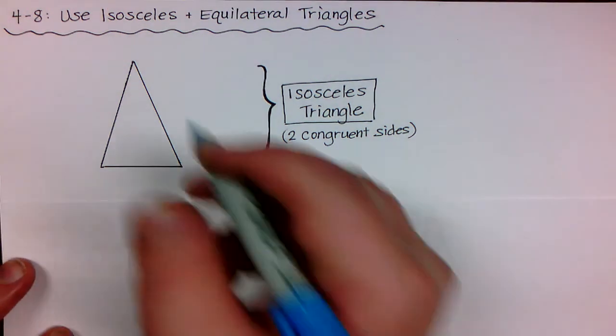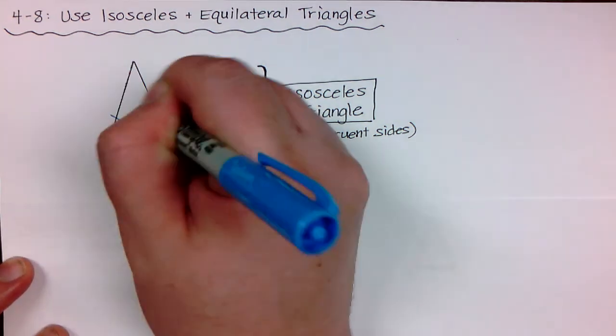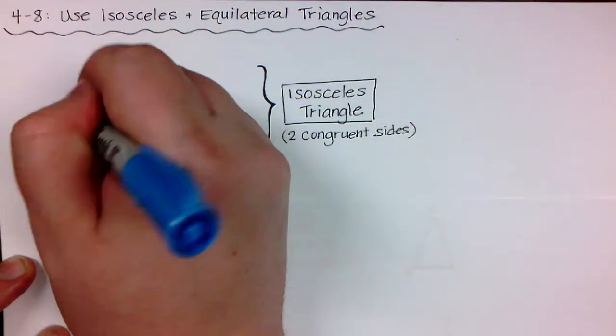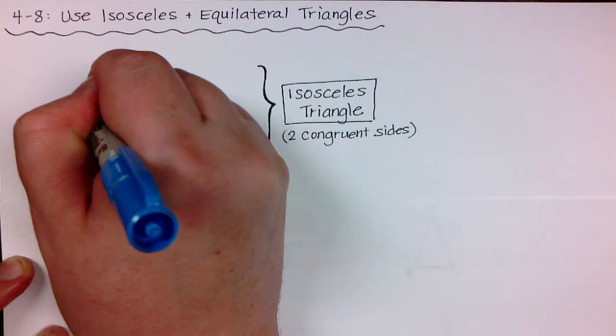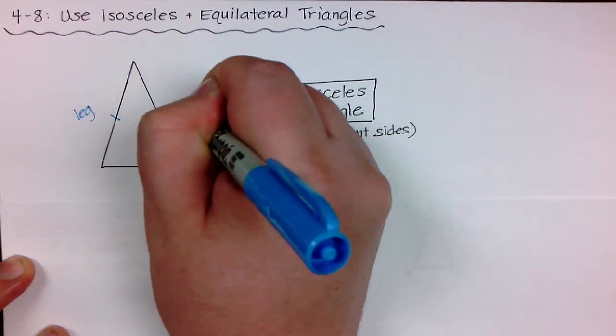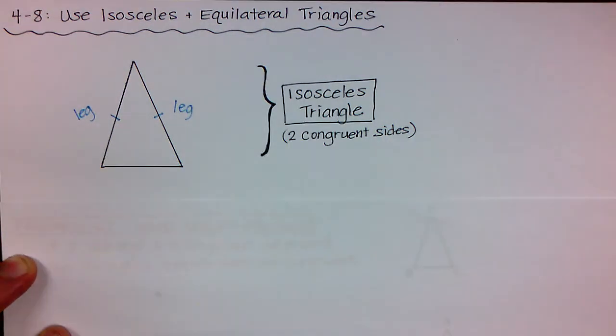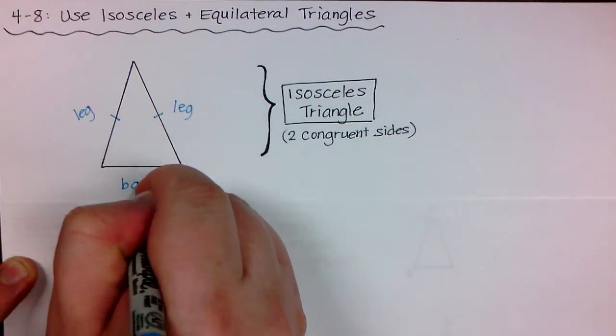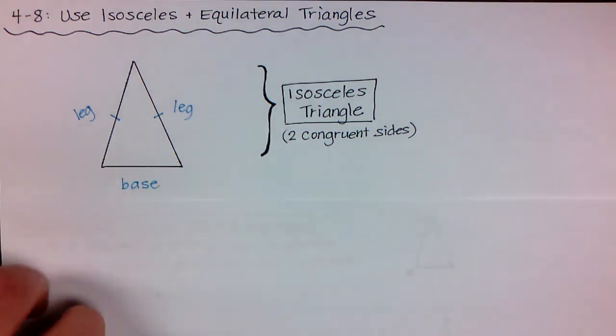So in this case, if I have in my triangle two sides that are marked that they're congruent, these two sides are called the legs. So this is a leg and this is a leg. Okay? Where this bottom side that's not congruent to those would be called the base.